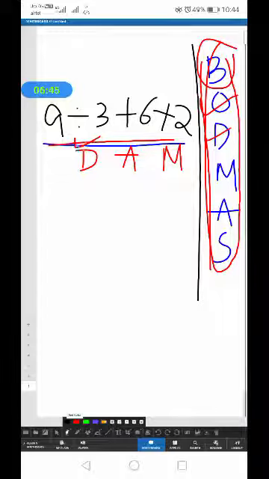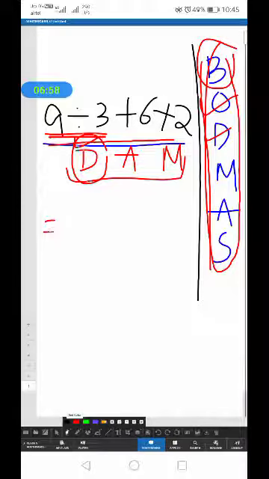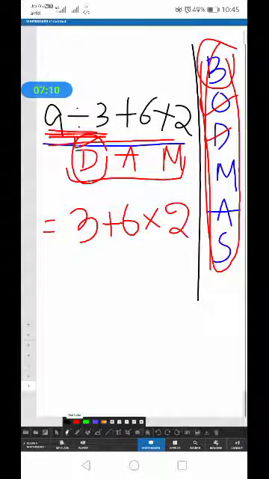Then of, then comes D. So division has to be solved. Among these 3 operations, we have to first focus on D, that is division. So we'll solve this: 9 divided by 3 gives us 3. And you write everything else as it is in the next step. Only solve what is required.